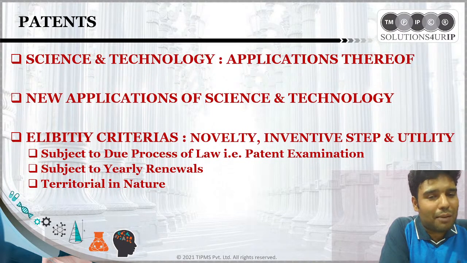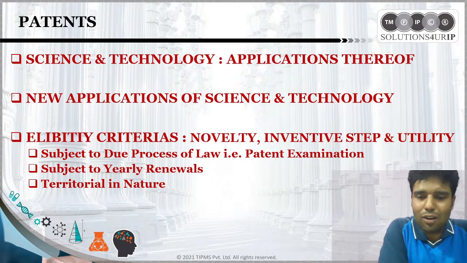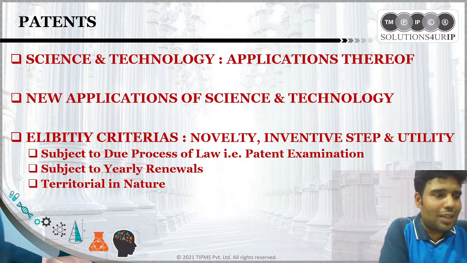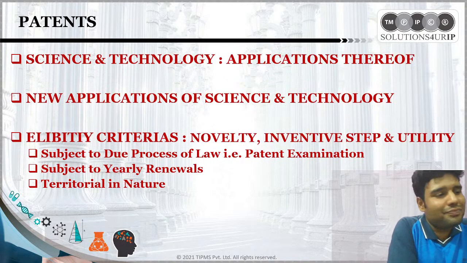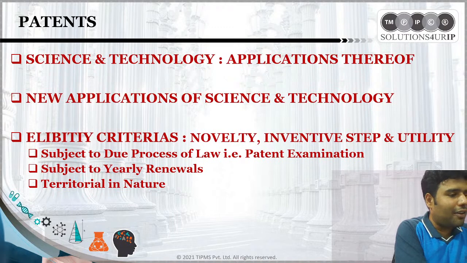P and A should be capital letters, comma, space, 1970, space, and, space, the Patents space Rules, P and R capital, comma, space, 2003. According to this, then start your answer. And say hereinafter the said Act and the said Rules.